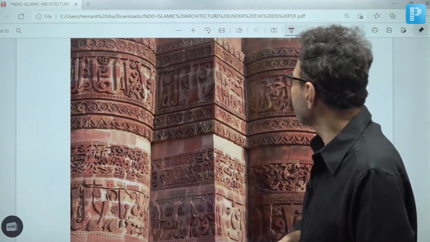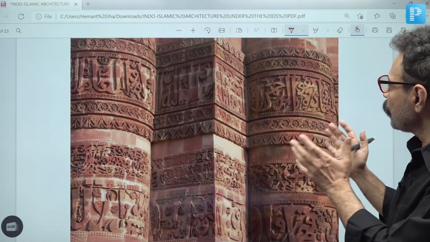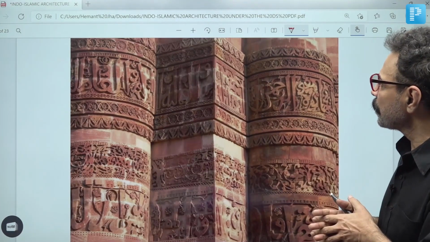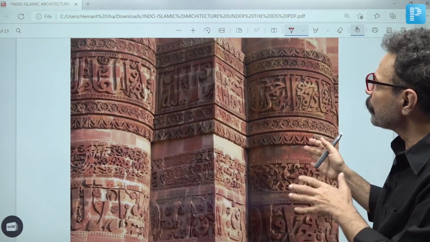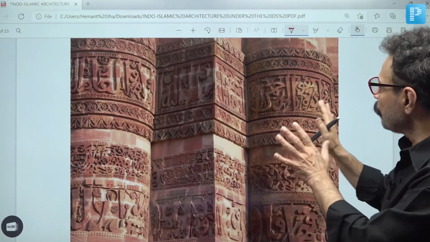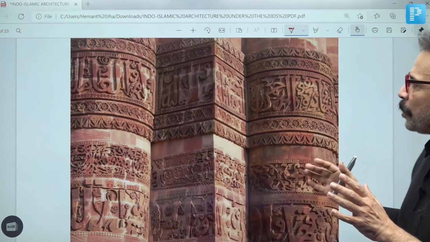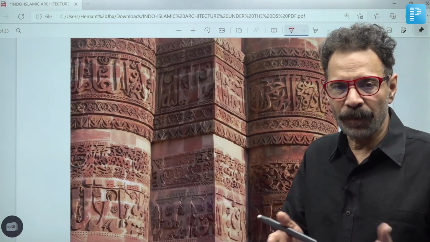And here you find that these forms of ornamentation, what I have just now discussed and I have shown, are visible. Here you find the beautiful representation of these new forms of ornamentation.